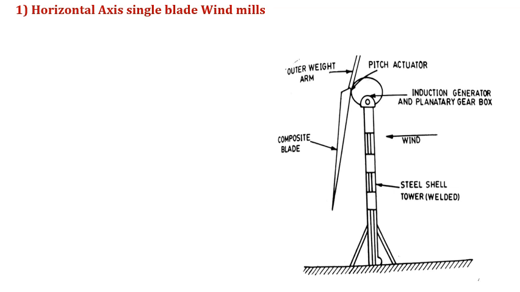Next we will see the types of horizontal axis wind turbine. As I mentioned earlier, the first is the horizontal axis with single blade windmill, as shown in the figure.